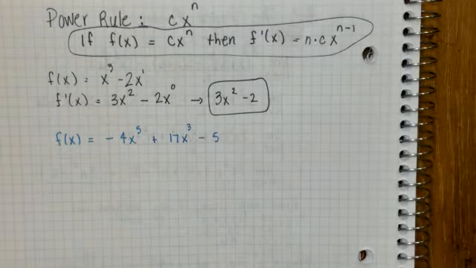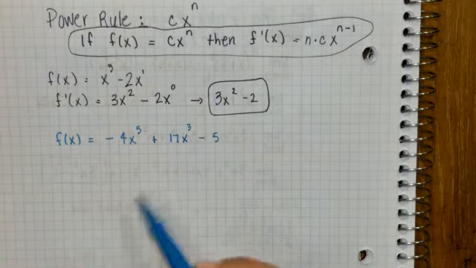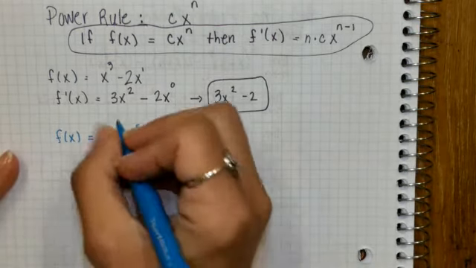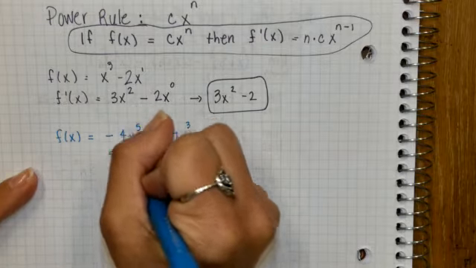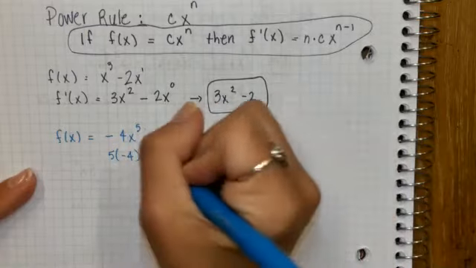There we go. I can do the power rule for each individual term. This is a trinomial, so I'm going to apply the power rule 3 times. 5 comes down in front, multiply it by the negative 4. Decrease the power by 1, that's a 4.